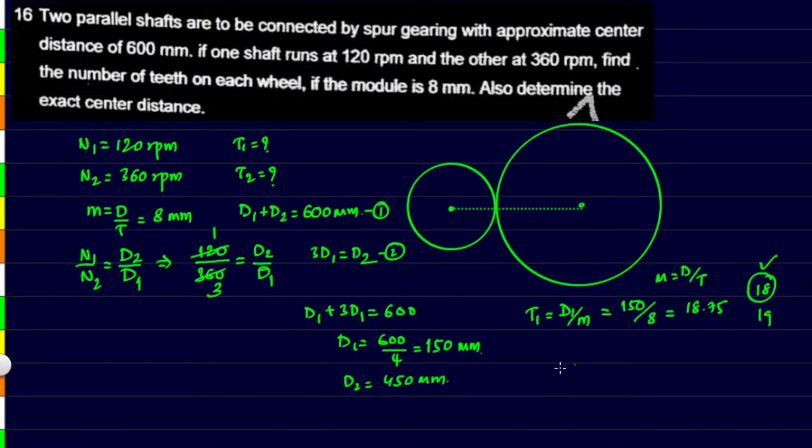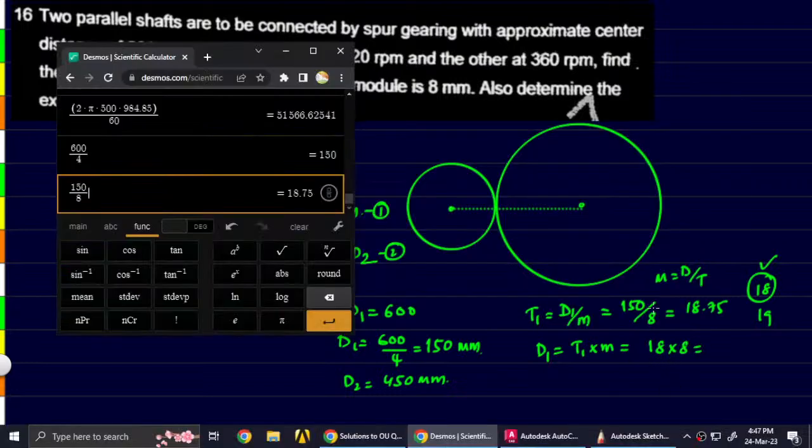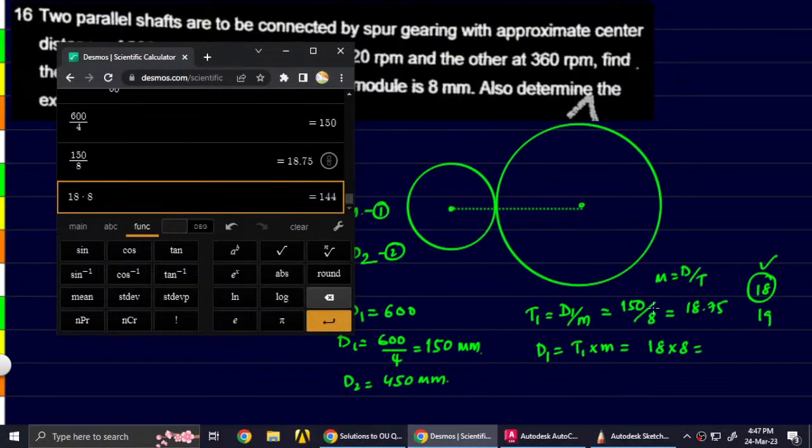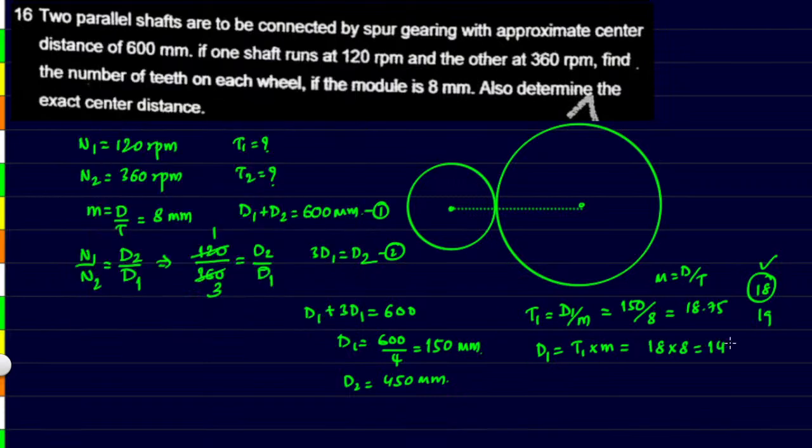If we go with 18 as the number of teeth, then the diameter D1 is going to change. T1 into M, 18 times 8, will give us the actual diameter, which is 144. So instead of having 150 as the diameter, we have to take 144.